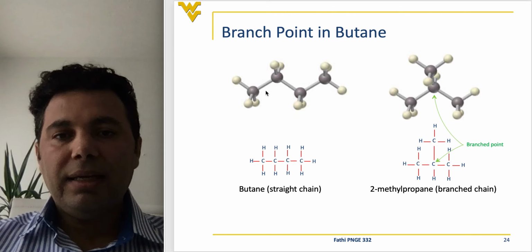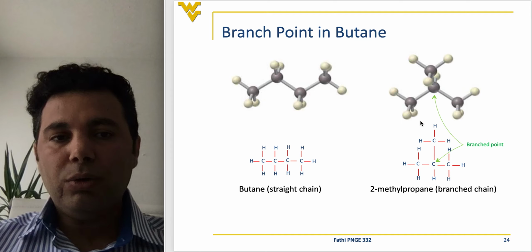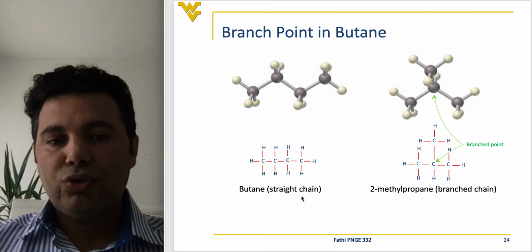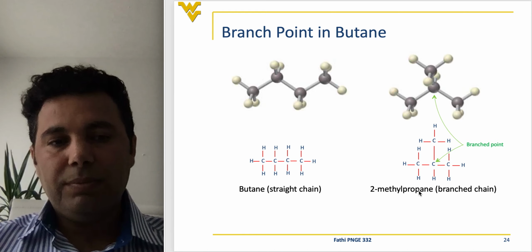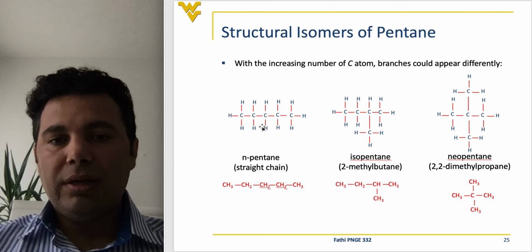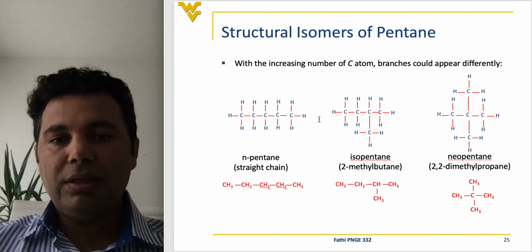As I said, the alkanes could be a straight chain or they could have some branches, like straight chain butane or 2-methyl propane, which is basically butane with a branch. So these are other examples of the alkane. I look at this structure, they're all single bonds, so I know this belongs to the alkane.